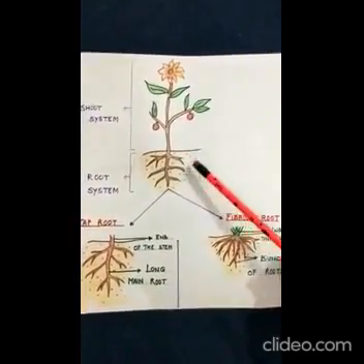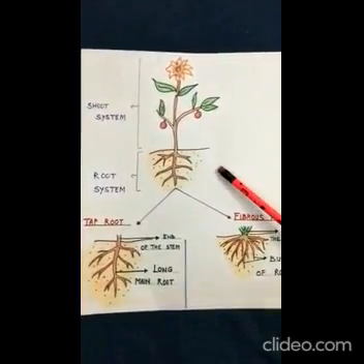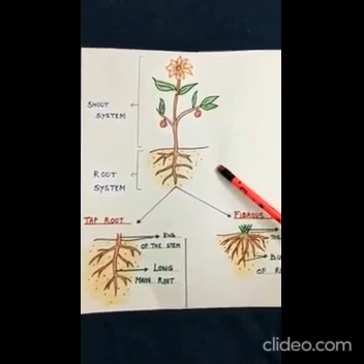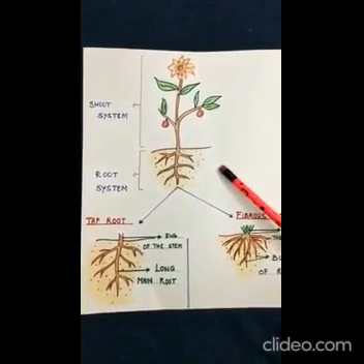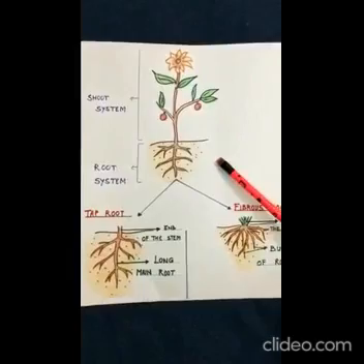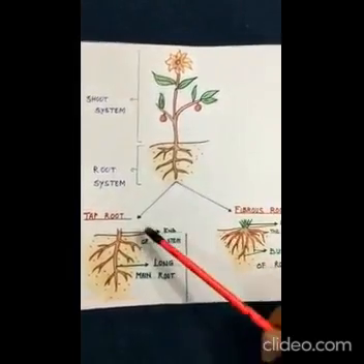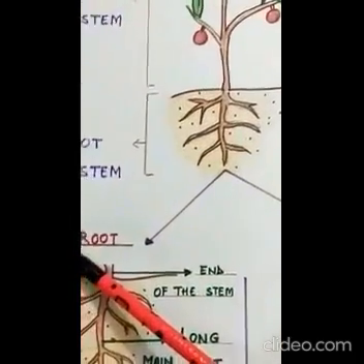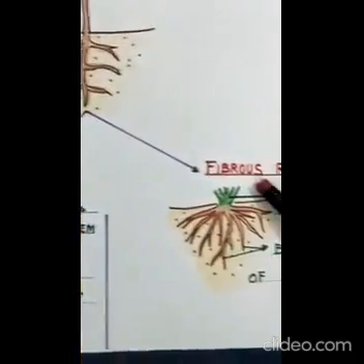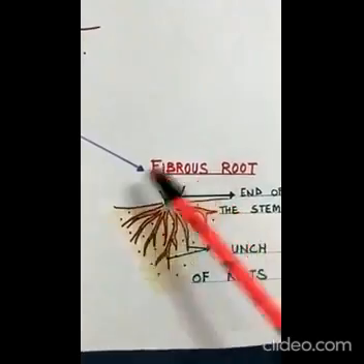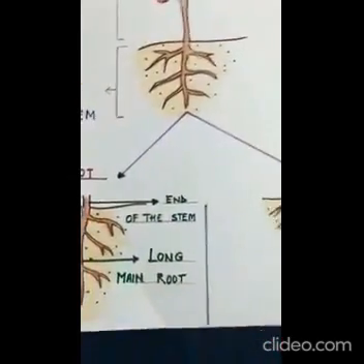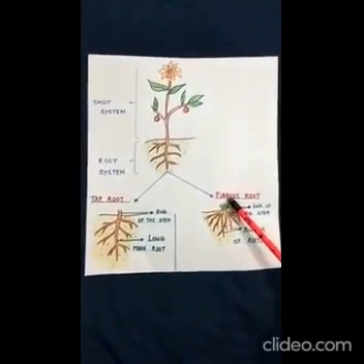Children, root is the part that grows below the soil which we cannot see from up. And there are two types of roots, taproot and fibrous roots. Let's study these type of roots in detail.